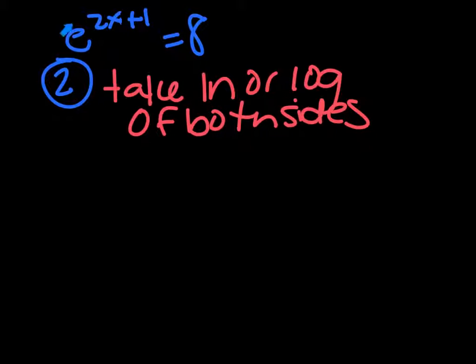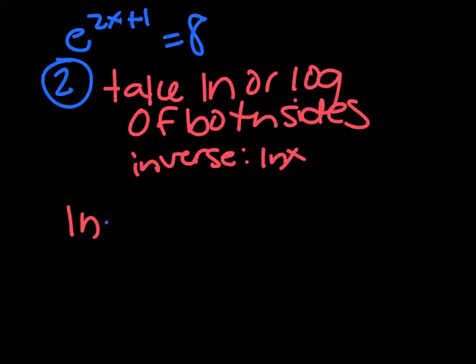And since this one is an e, the inverse of e to the x is natural log of x. So I'm going to take the natural log of both sides, because what you do to one side you have to do to the other.